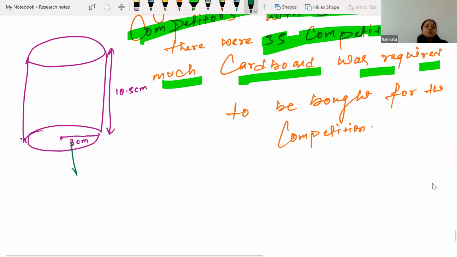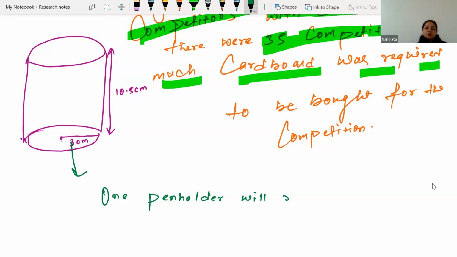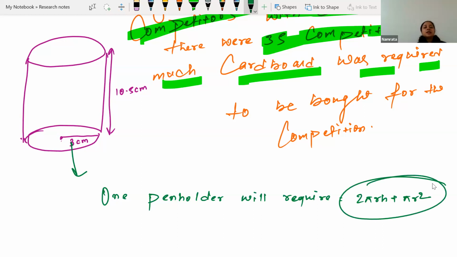So one pen holder will require 2 pi r h plus pi r square. This much area. This much you will be calculating with the help of the given data. r is given, h is given, everything is given.